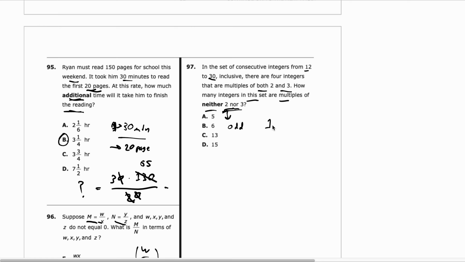So we have the integers 12 to 30 inclusive, right? So how many integers are those? You might be tempted to say 18, but that wouldn't be correct, because if you're ranging from 1 to 5, that's 1, 2, 3, 4, 5, which is 5 integers, not 5 minus 1.